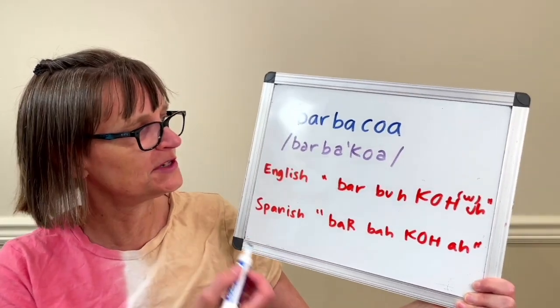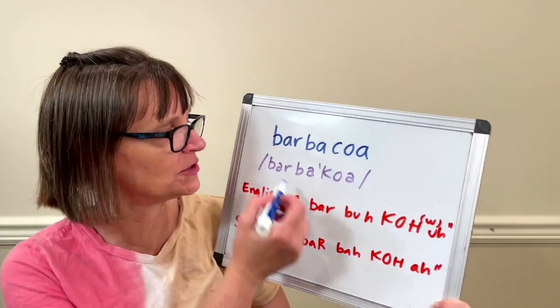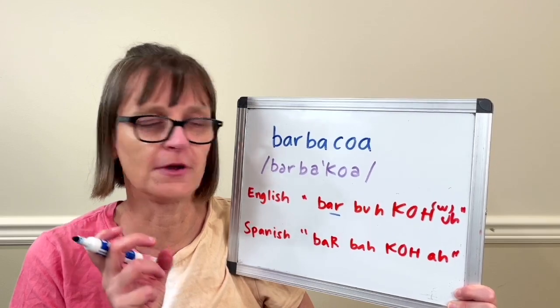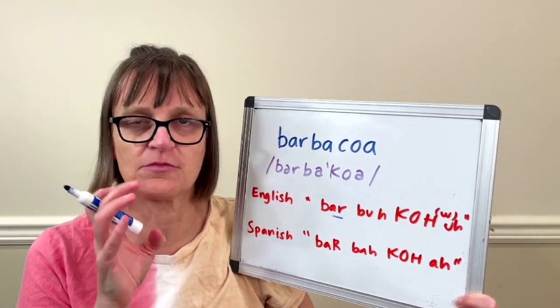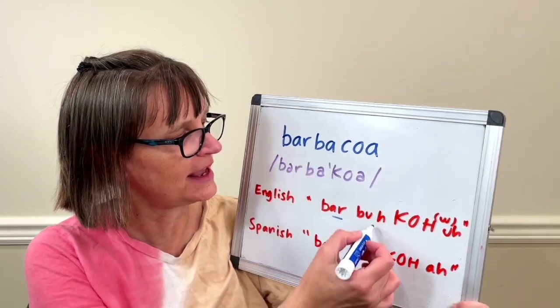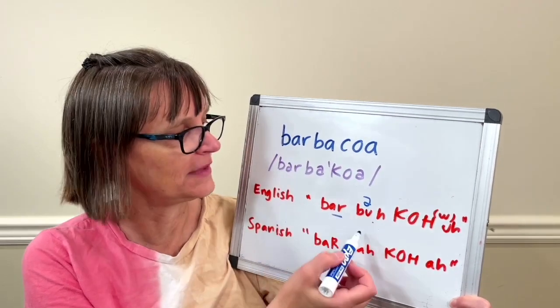The difference between the English and the Spanish is fairly straightforward. In English, when we have an R, we use the American R, like a bar, barbacoa. So we would have just that pulled back R. We would change this second A to a schwa sound, barba, instead of a barba, like they would do in Spanish.